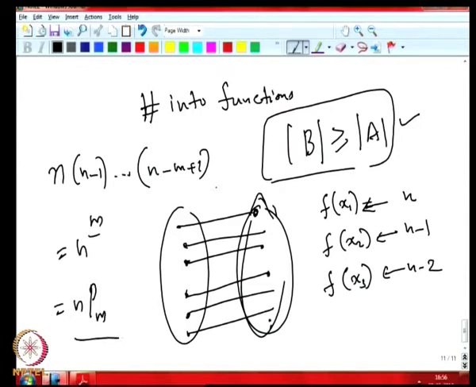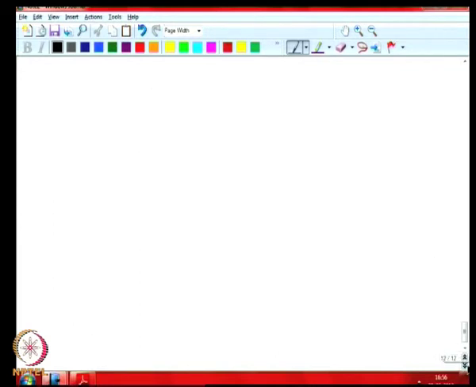Both counting the number of functions and the number of into functions are easier than counting the number of onto functions. Now we look at the more difficult problem, namely the number of onto functions.